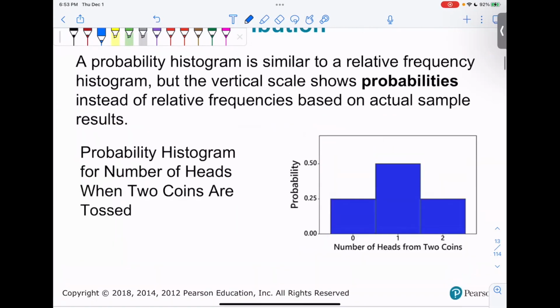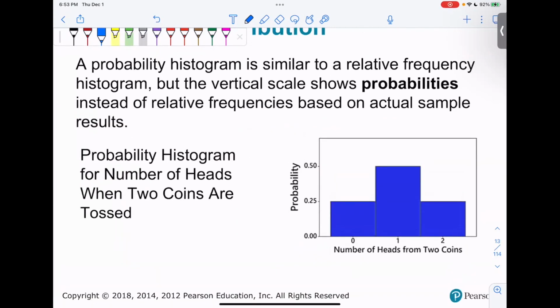And then the second one, this might be a graph. This distribution might be in a graph. So look at this one. This is just a histogram.